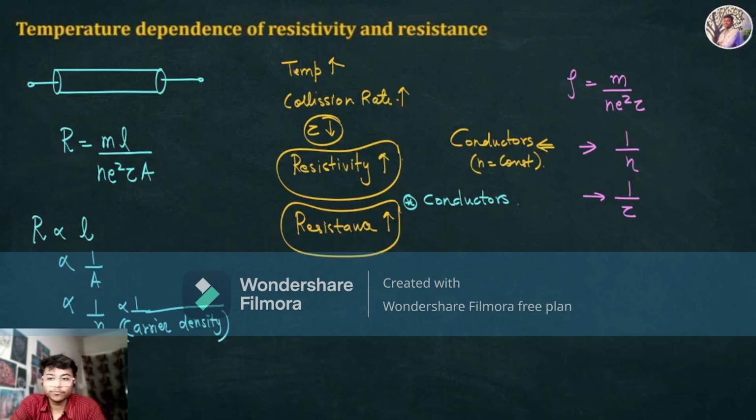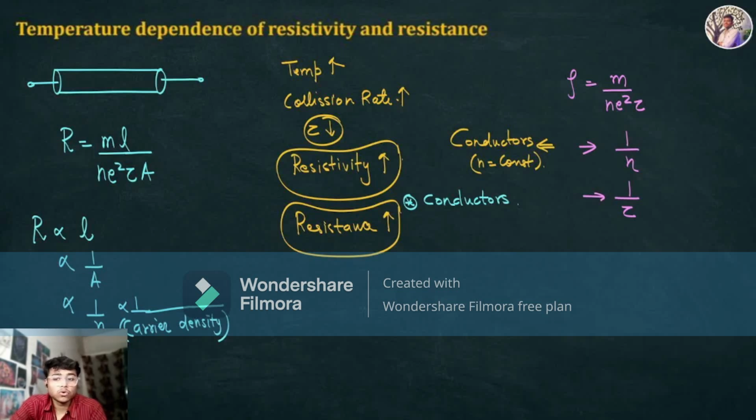Okay. So how do resistance and resistivity depend on temperature? On increasing the temperature, there is an increase in the rate of collisions. So there will be an increase in the resistivity and resistance due to that.